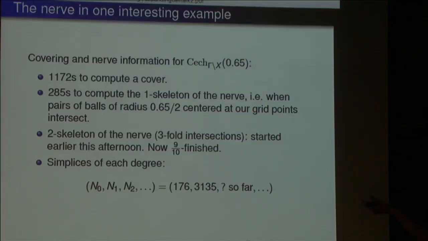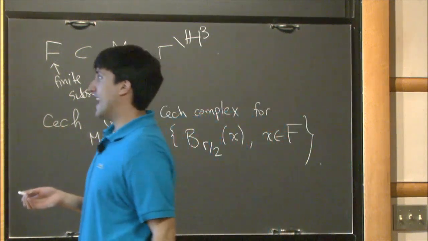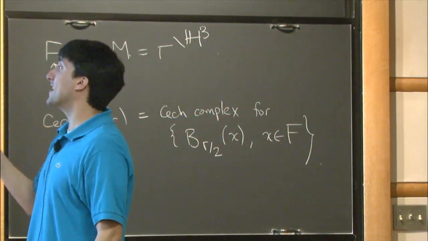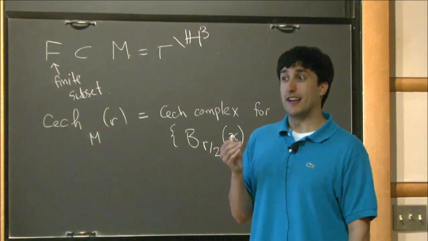And so I list at the bottom how many simplices there are in each degree in this Čech complex. There are 176 points in the covering, a little more than 3,000 instances where pairs of balls intersect with each other. And then I don't know yet how many two-simplices there are in the covering.